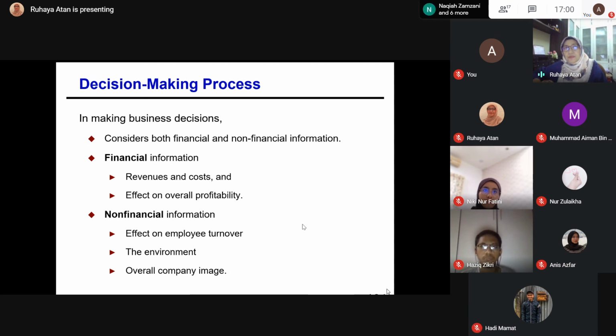We need to consider some of this non-financial information. Sometimes it is not easy to calculate, so you have to use the wisdom of the management to make a decision. This is very important in the decision making process.